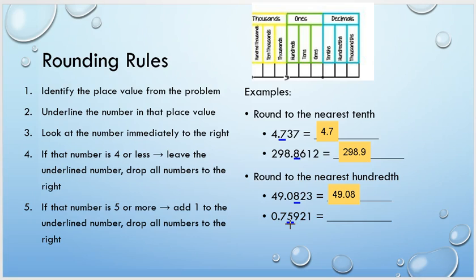So I'm going to add 1 to the number that's underlined, which is going to make that a 6, and then I'll drop all the other stuff that's past it. The part that's in front of it, I'm going to put 0.7, but this time the 5 was followed by a 9, so I'm going to make it 0.76.